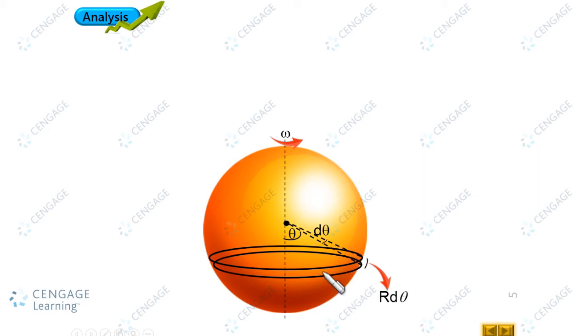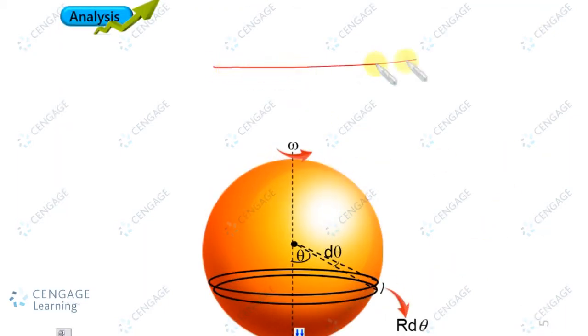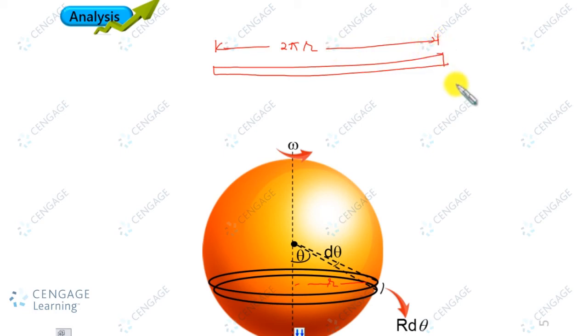If we open this ring, the ring will become a rectangle. Suppose we open this ring like this, this will be a rectangular strip, you can observe, and the length of this rectangular strip should be equal to 2 pi multiplied by this radius, suppose small r, 2 pi small r. And here this thickness is R d theta.